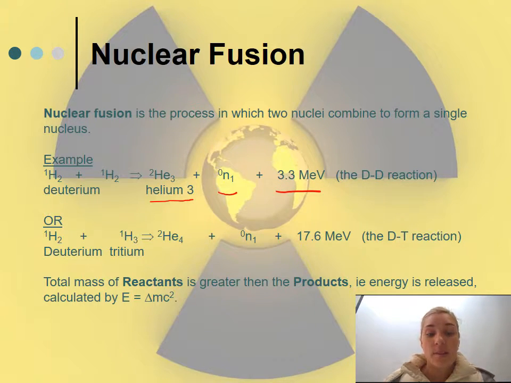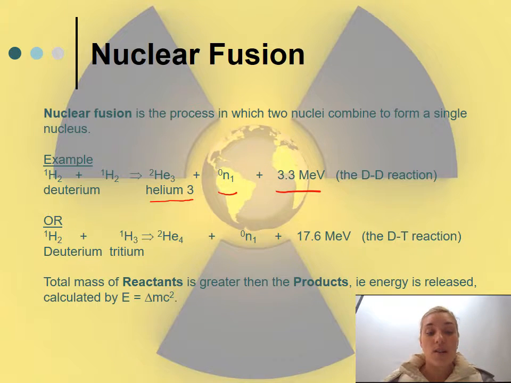The other thing that might happen is you've got another isotope of hydrogen, which is a tritium, which has 3 nucleons. So we've got a deuterium, which is a hydrogen with 2 nucleons, and a tritium is a hydrogen with 3 nucleons.